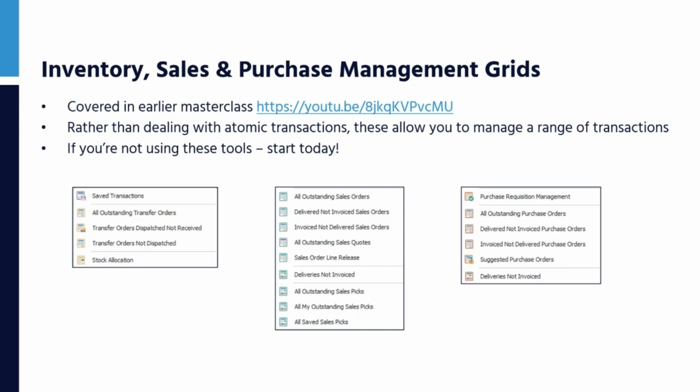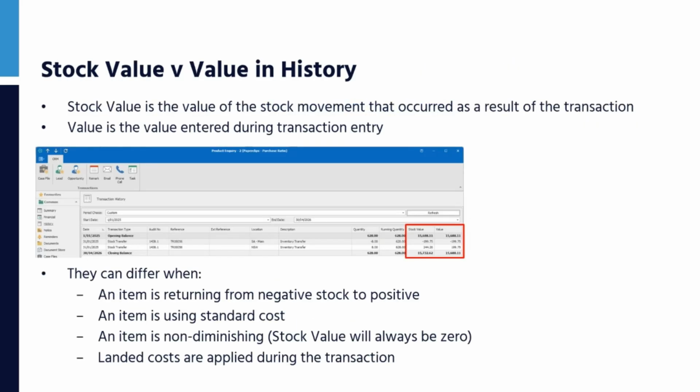Essentially, if you're not using these, and I don't mean to be rude, you're not being as efficient as you could be in your organization. So there's definite time savings to be gained by using these particular grids. Again, I won't go into it because it has been covered in a separate masterclass.